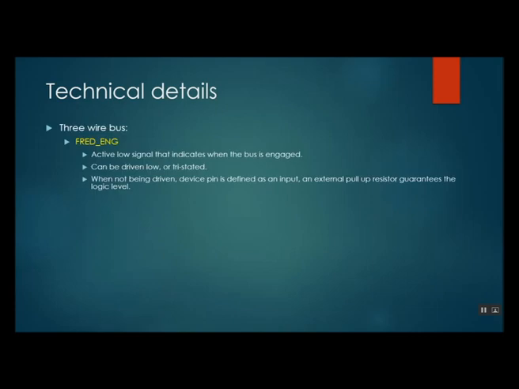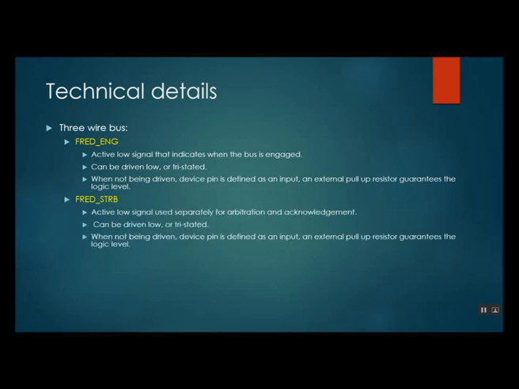Filling in some technical details, it's a 3-wire bus, the first of which is the engage signal. This indicates the status of the bus. This can be either driven low or not driven, in which case an external resistor pulls the line high. The second signal is the strobe. This is dual purpose.